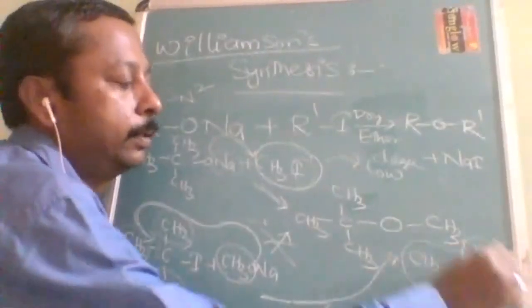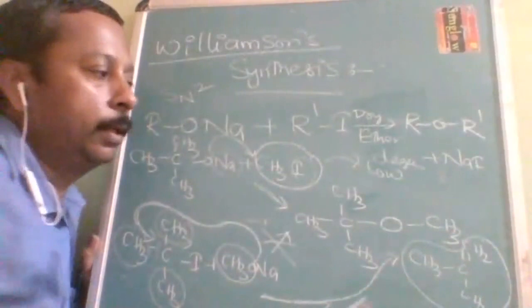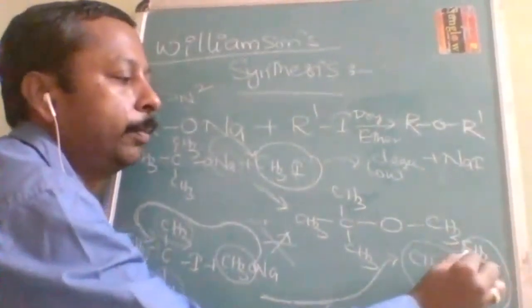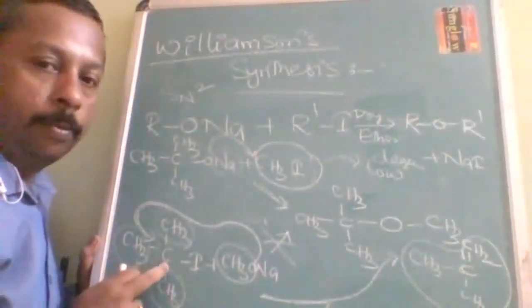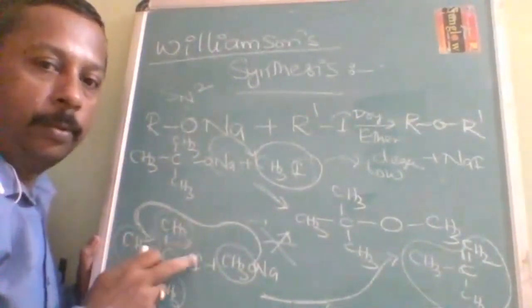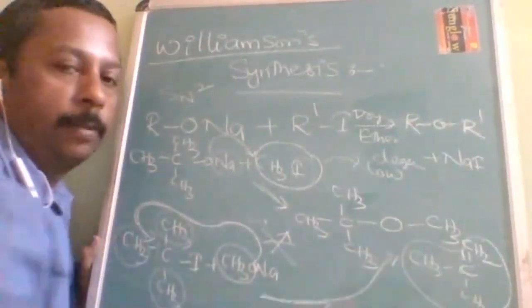This is the product if we use this pair, because of the elimination. We were thinking about substitution, but the product will be the elimination product, because of the bulky group, the iodine and the carbon hydrogen both will be eliminated in the presence of this nucleophile, and elimination will be carried out.